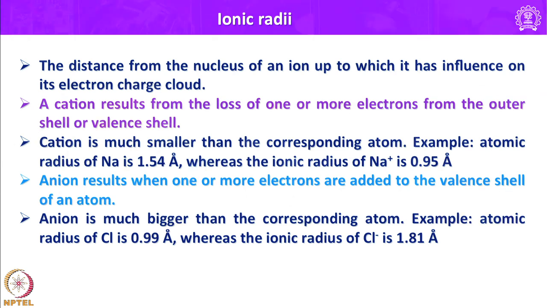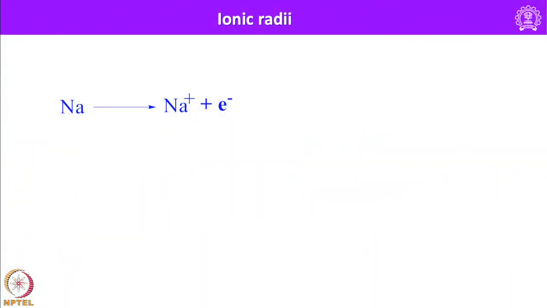So, this gives you the relative sizes of ionic radii versus atomic radii, and also between ionic radii and covalent radii, for both cations and anions. So, let us look into sodium. For example, when you remove an electron from sodium, that generates a cation, and similarly chlorine, on addition of an electron, generates an anion.